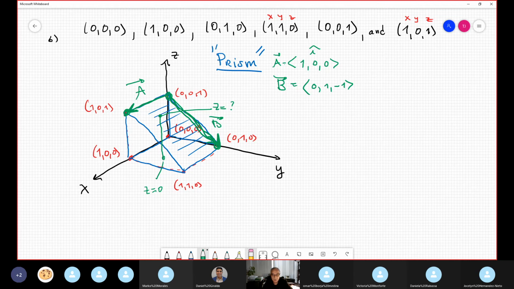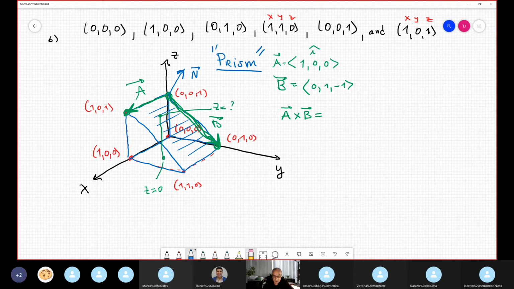However, you perform the cross product A cross B, and you get a normal vector. Let me try to sketch the normal vector. By the way, it's exactly the normal vector that we need to define the equation for this plane.